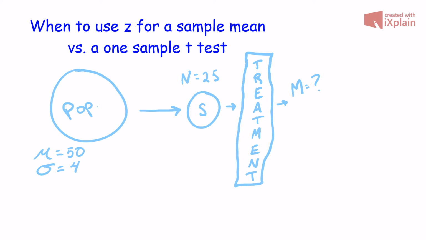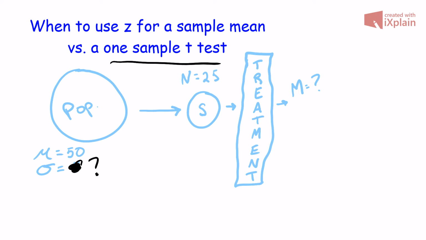Well, in this situation, we know the population standard deviation is 4, so we would use a z for a sample mean. When you know the population standard deviation, you use the z for a sample mean. If this question were changed such that you do not know the population standard deviation, then you would have to use a one sample t-test.